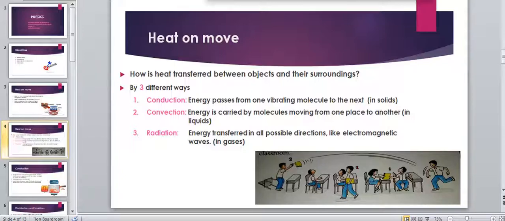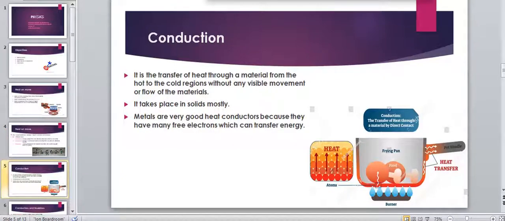So now let's discuss these three terms in a bit more detail. The first way to transfer heat from one body to another is conduction, whereas conduction is the transfer of heat through a material from the hot to the cold region without any visible movement or flow of the material.